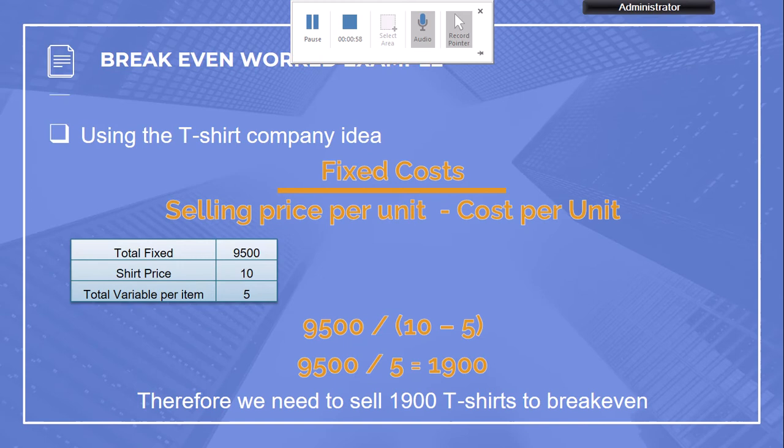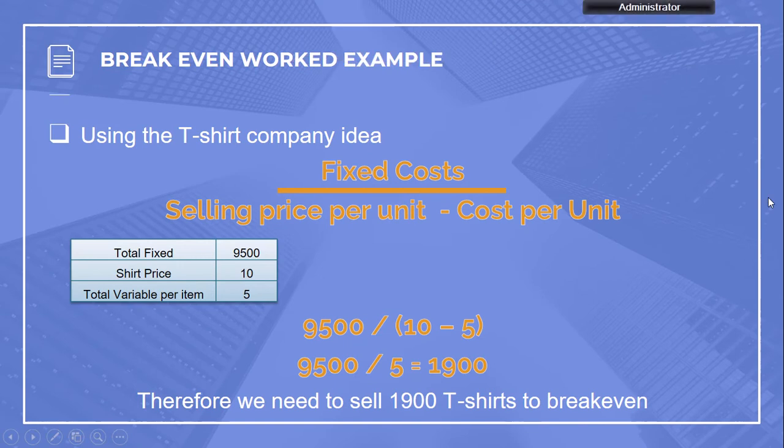So if we just show you the example of using that formula, using the same t-shirt company idea that I used before, we look at our fixed costs and we look at our selling price per unit minus our cost per unit.